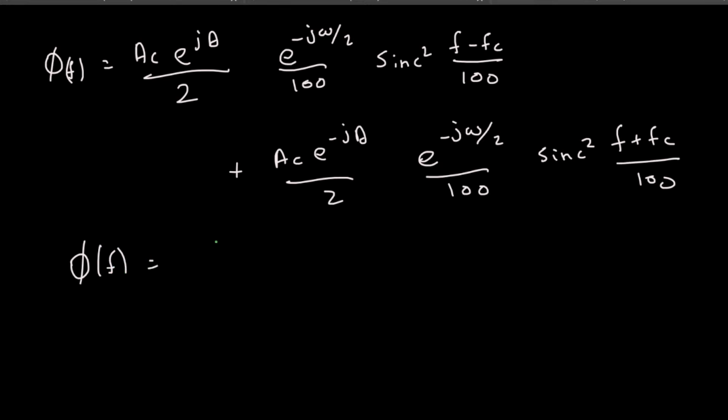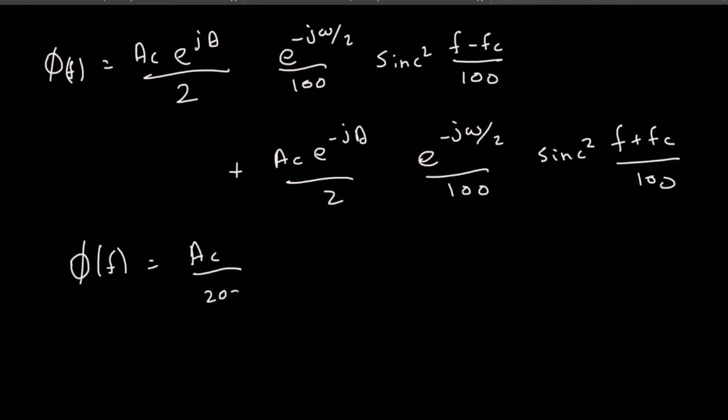So phi of f is going to be A C over 2 times 100, that's going to be 200. Hold on a second. So this is 100, 200. Yeah.